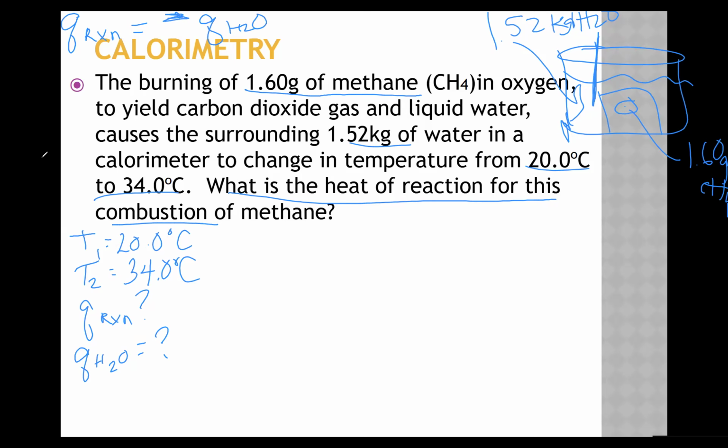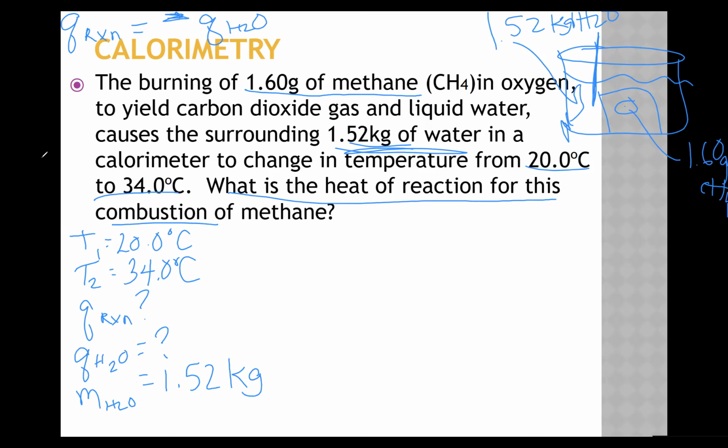So we can do this. It's just an extra step. So we have the burning of methane and oxygen causing the surrounding 1.52 kilograms of water. So that's our mass of water. Our mass of H2O is equal to 1.52 kilograms.